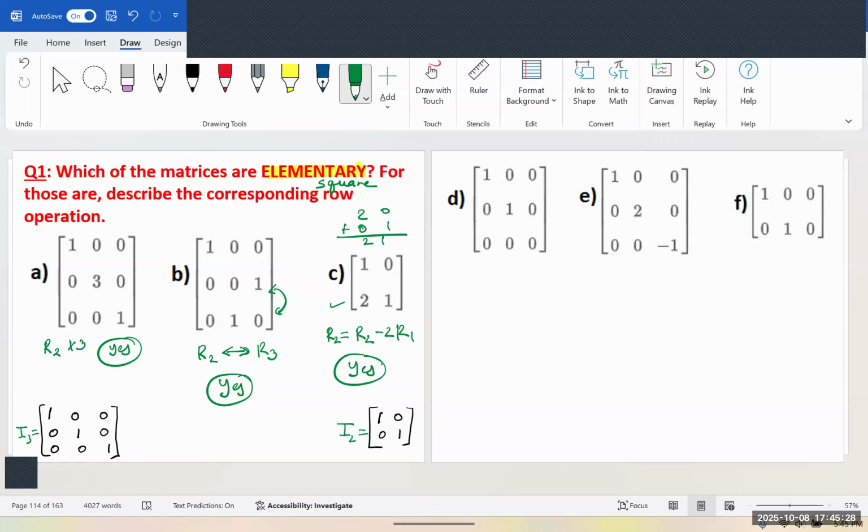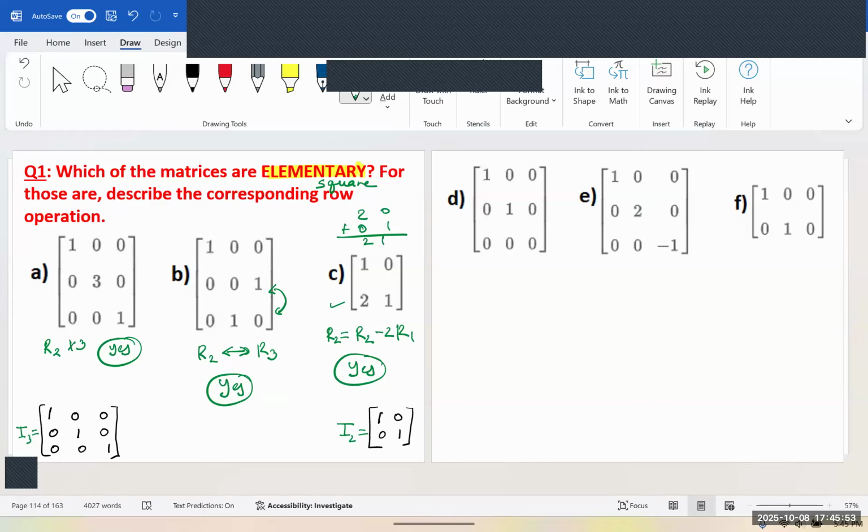Okay, next page, D. We have 1 0 0, 0 1 0, 0 0 0. Who would like to try D? Come on, guys. You don't have to be correct, okay? Just tell me your ideas.